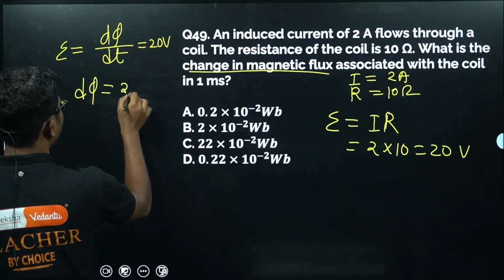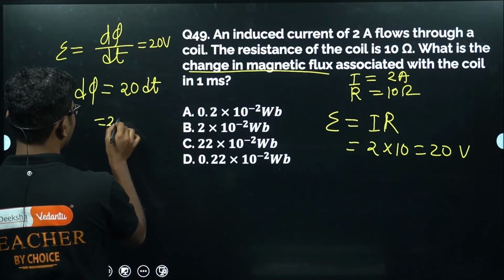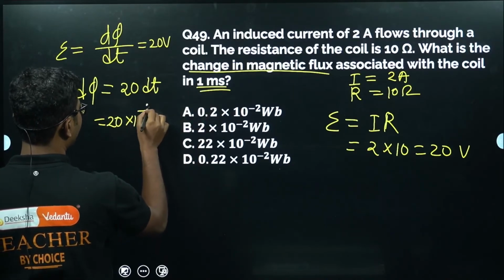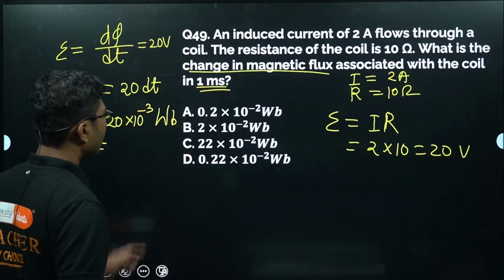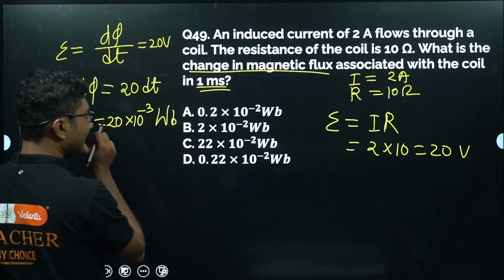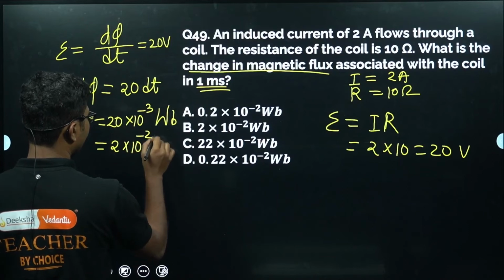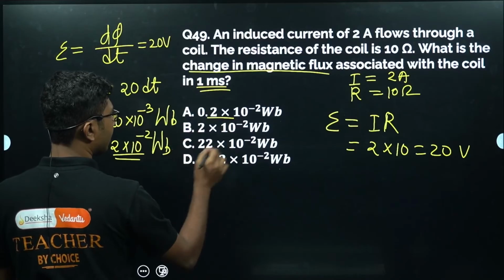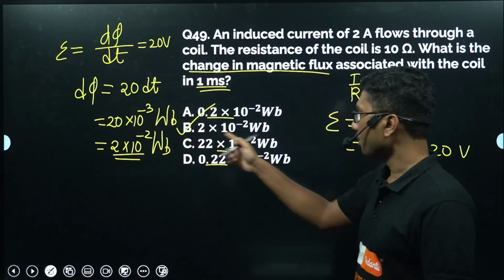That is 20 times dt. Okay, 20, and dt is given as 1 millisecond. 1 millisecond means 10 to the power of minus 3. So the flux change will be 20 times 10 to the power of minus 3, or if you arrange it, it will become 2 times 10 to the power of minus 2 Weber. You have to be careful, don't fall into the traps of the other options. The correct option is option B, 2 times 10 to the power of minus 2.